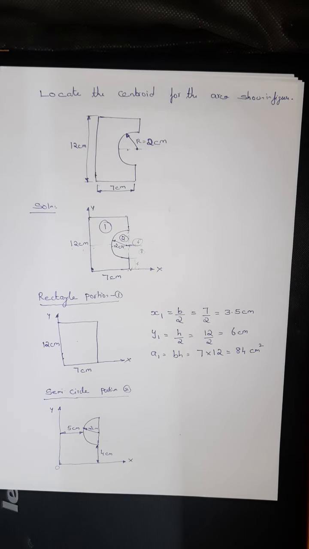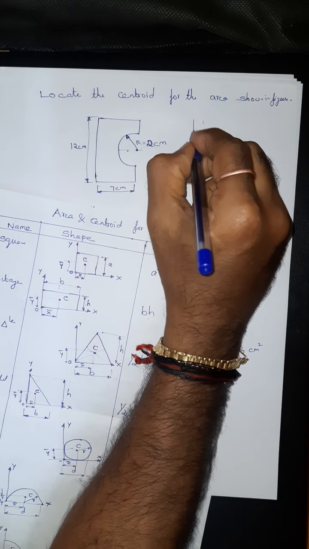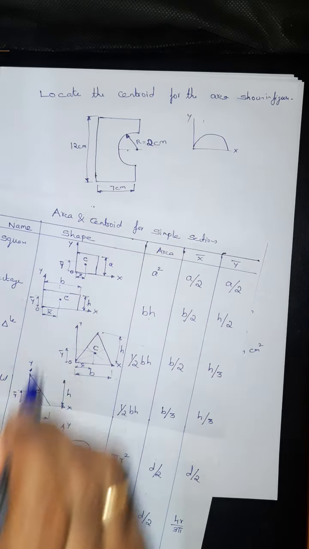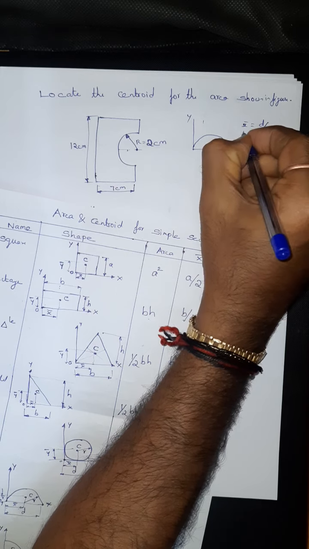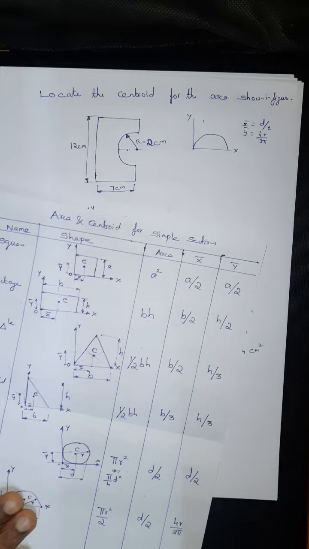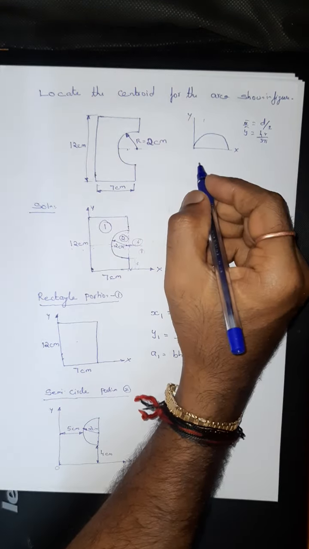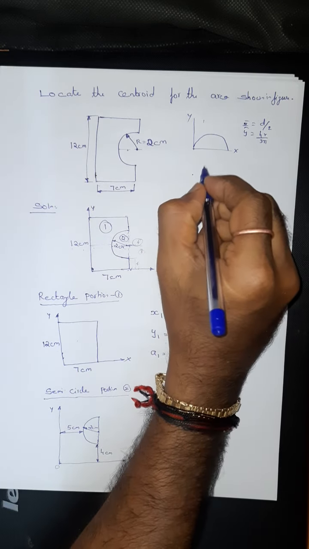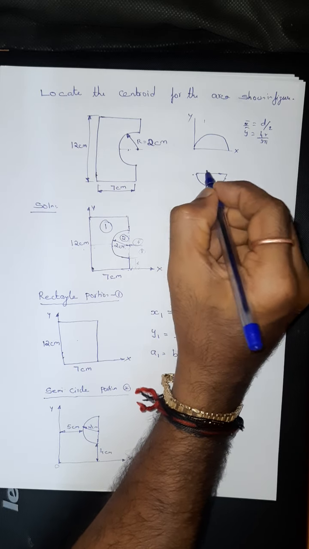This is the formula we know, with reference to the x-axis and y-axis. For x bar it is d by 2, and for y bar it is 4r by 3 pi, isn't it? But here the position is in this way. Now you just listen carefully. Suppose the portion is in this manner, how would this be?